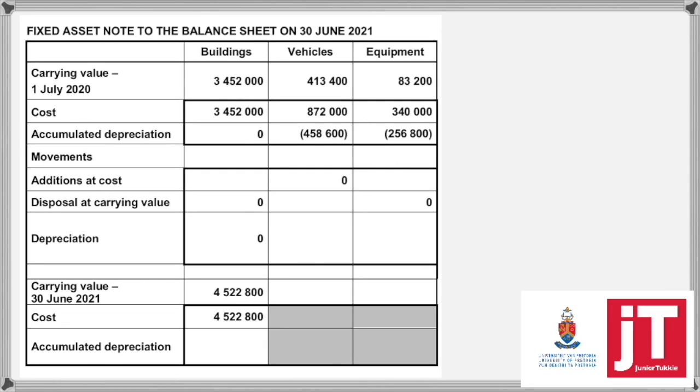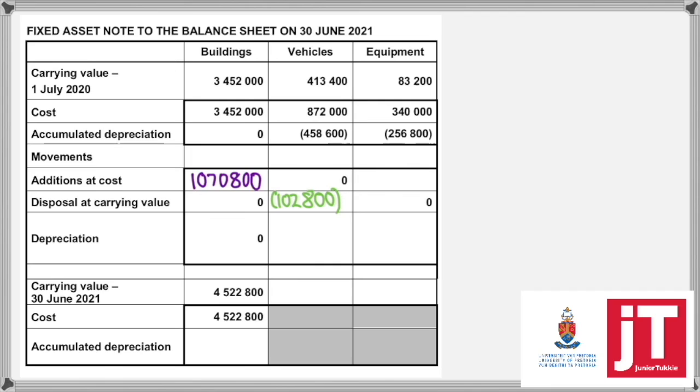So just a reminder with buildings, we simply take the difference by taking the cost at the end minus the cost in the beginning. You could have also taken the carrying value at the end minus the carrying value in the beginning. And the difference is the additions at cost. Vehicles, we had an addition at cost of 0.